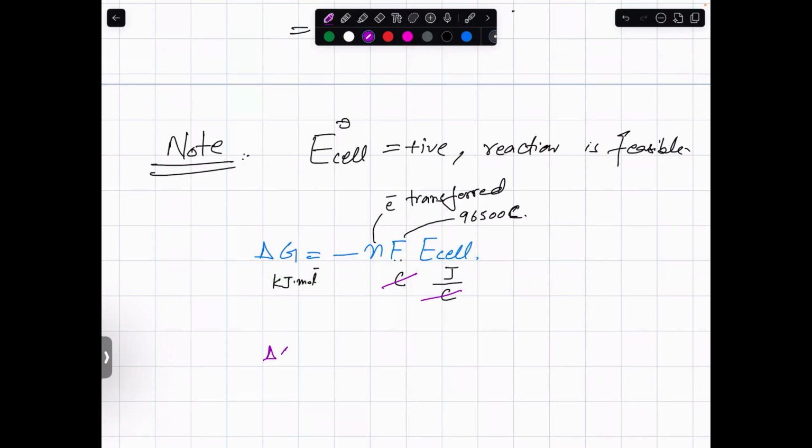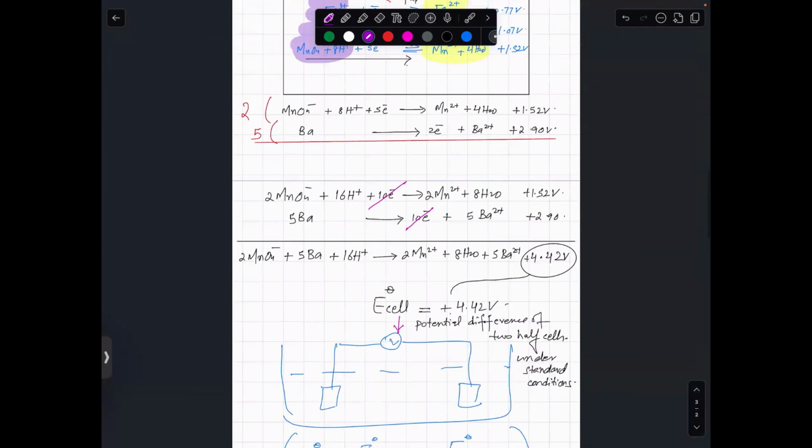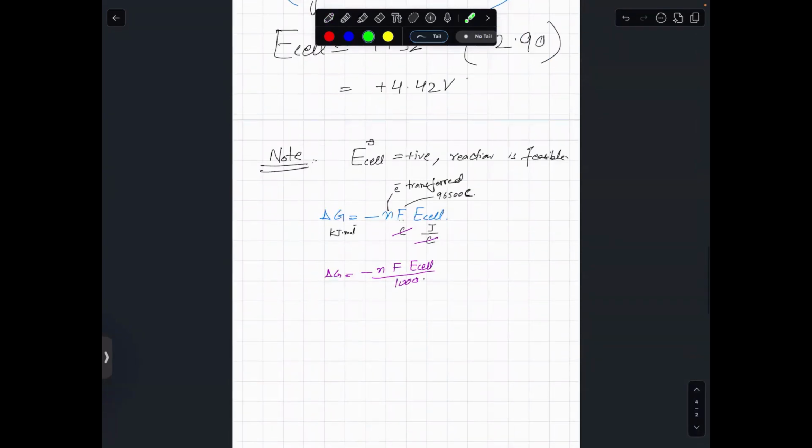So delta G is equal to minus nF E cell divided by 1000. For the above equation, how many electrons are transferred? 10. It's losing 10, it's gaining 10, so 10 electrons are transferred. E cell is 4.42.